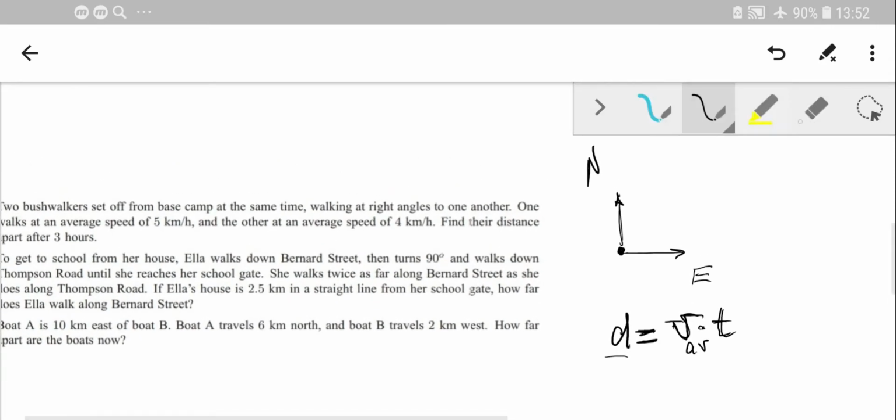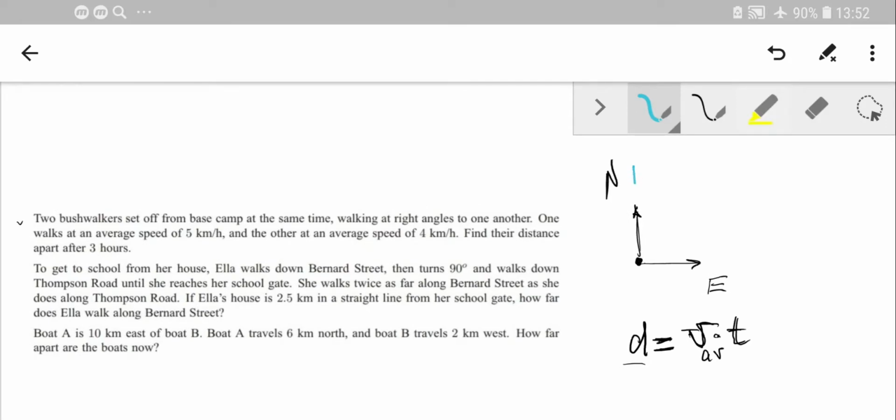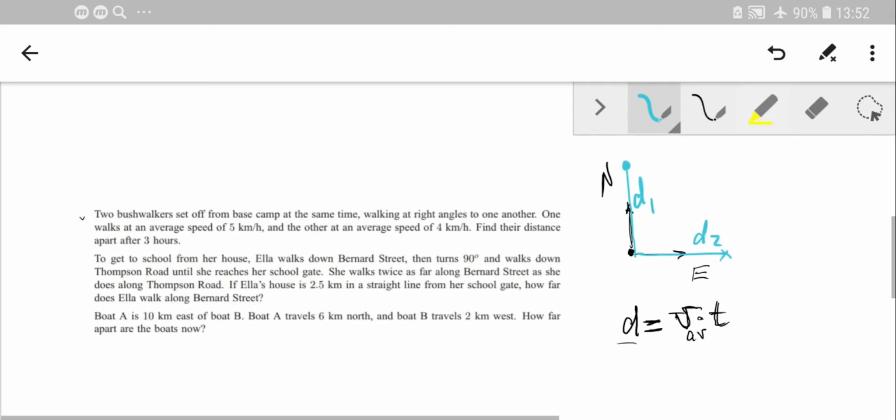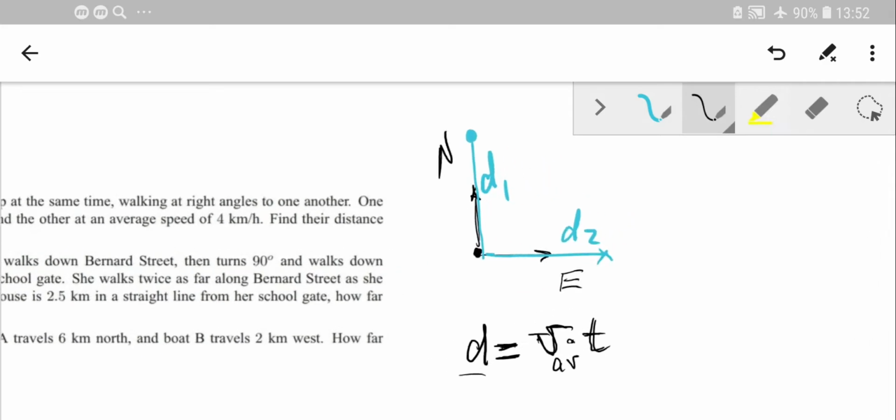Let's say that in 3 hours one traveled this distance, say d1, and another person traveled distance d2. So you need to find their distance apart 3 hours after.